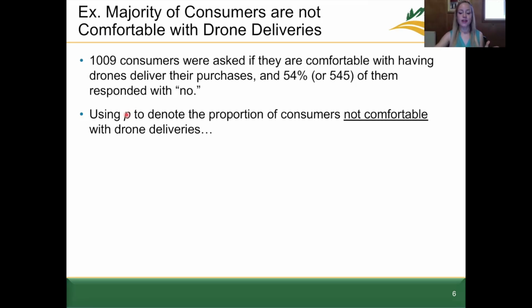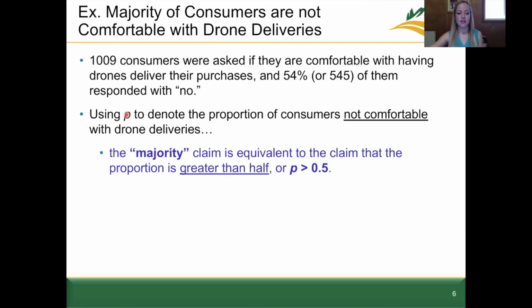Some important wording in this hypothesis testing is this word majority. When we introduce this word majority, the majority claim is equivalent to the claim that the proportion is greater than half. So if a majority of samples are answering a certain way, we can think of that as p is greater than 0.5.